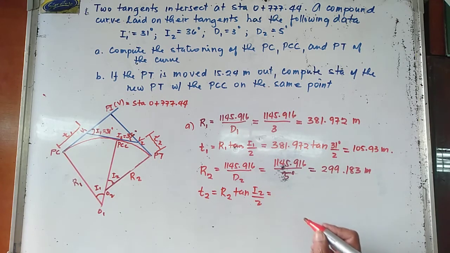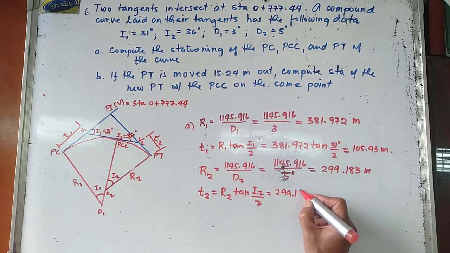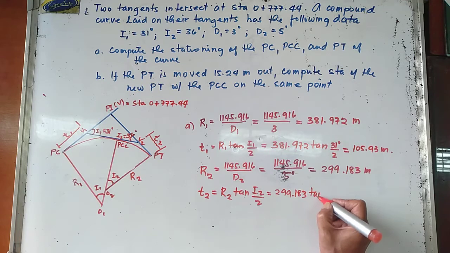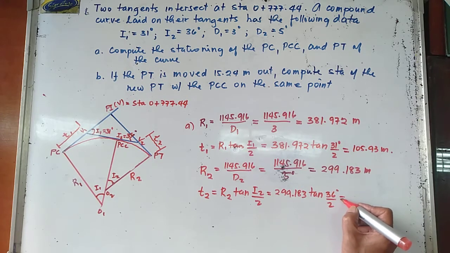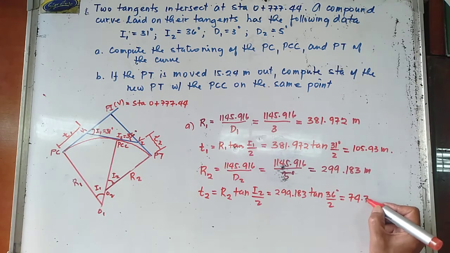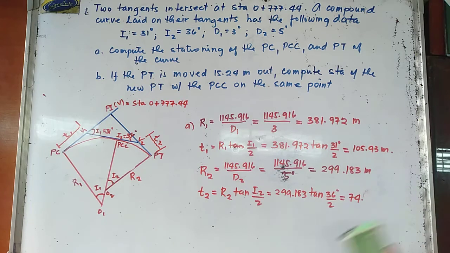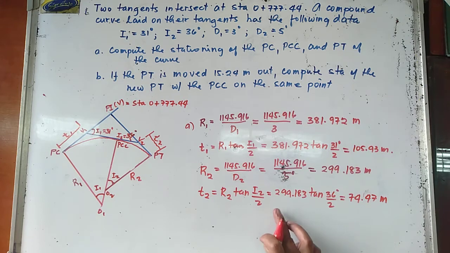This is 299.183 tangent of 36 degrees all over 2, which is equal to 74.47 meters. That is the tangent distance of the second simple curve.